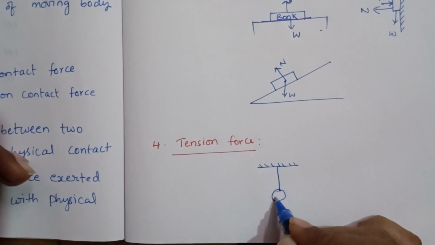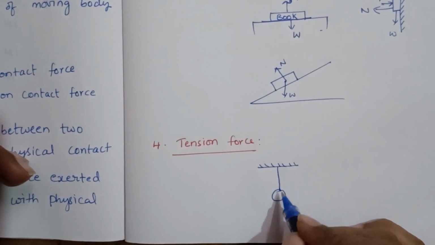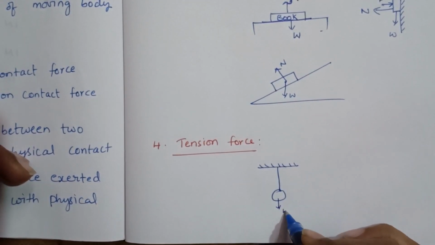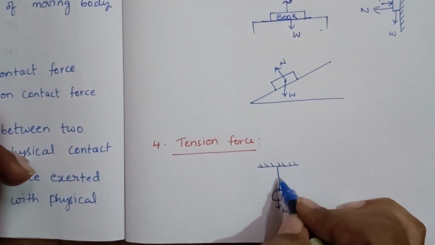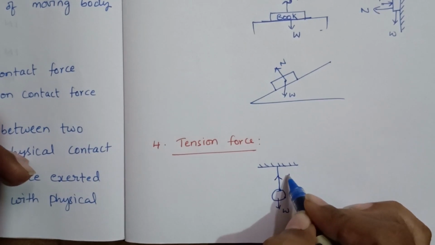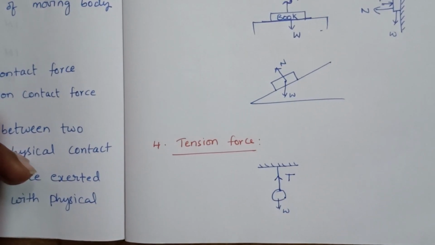Here the weight of the body is acting in the downward direction. To balance it without falling, the string is applying some opposite force, that is tension force.